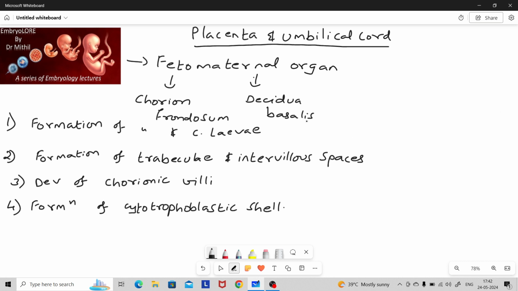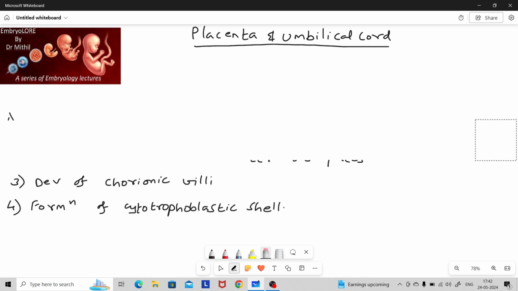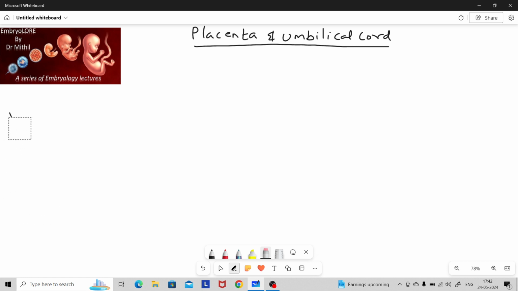Now let us try to understand in a pictorial way. As I have said, the first stage will be the formation of the chorion frondosum, and then the chorion laeve.